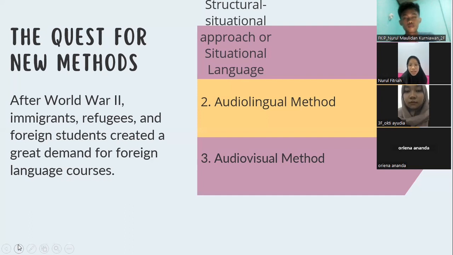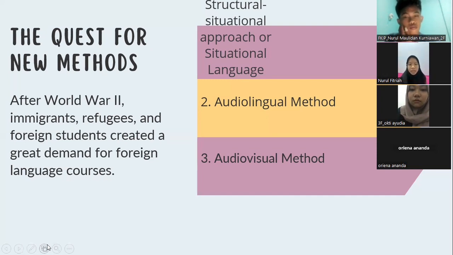Rivers stated the assumptions of audiolingualism: habits are strengthened by reinforcement. Foreign language habits are formed most effectively by giving the right response, not by mistakes. And language is a behavior, and behavior can be learned only by inducing the student to behave.